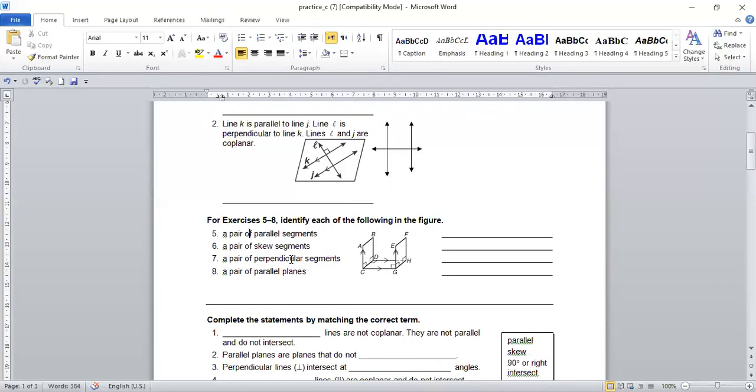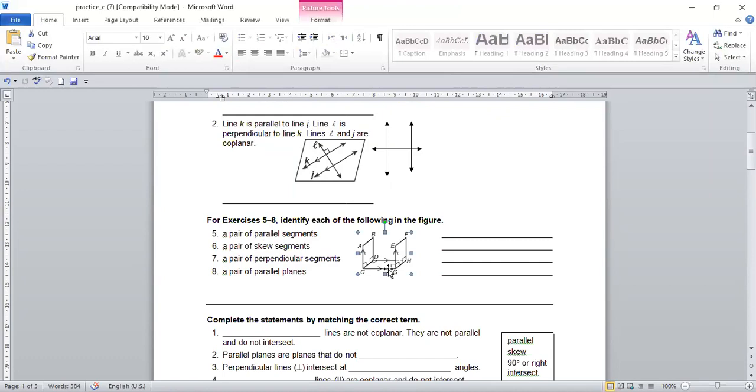Okay, a pair of perpendicular segments. Now what are perpendicular lines? They cross and make right angles like this. If you see the picture very carefully, you can see that they have marked them with these symbols. So which can be a pair of perpendicular segments? They can be CG with EG, because they make right angles. Also it can be AC with CD.